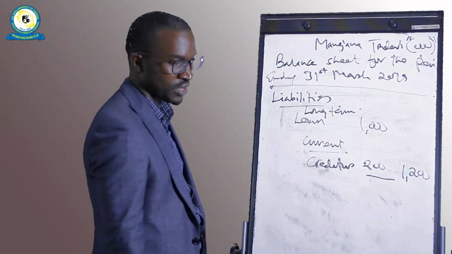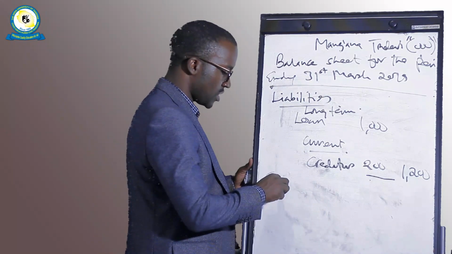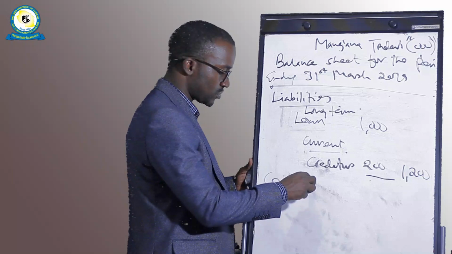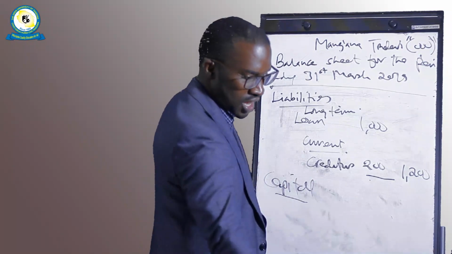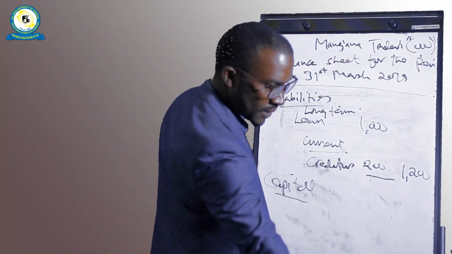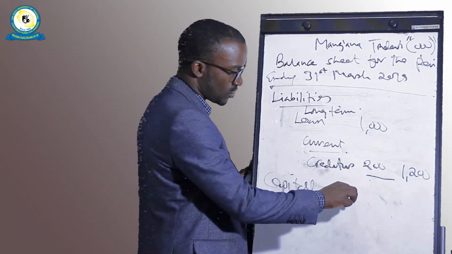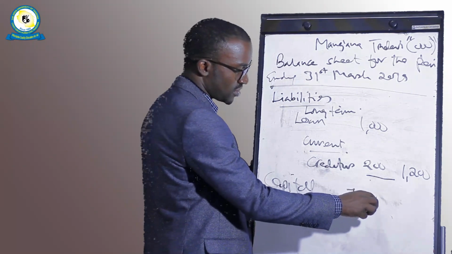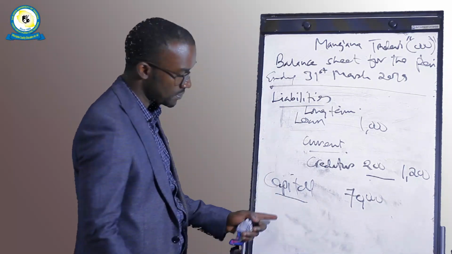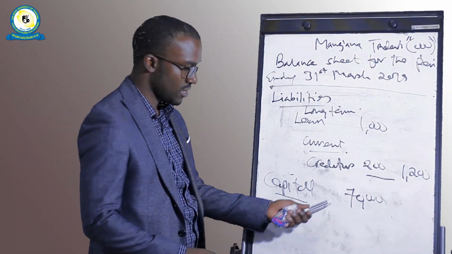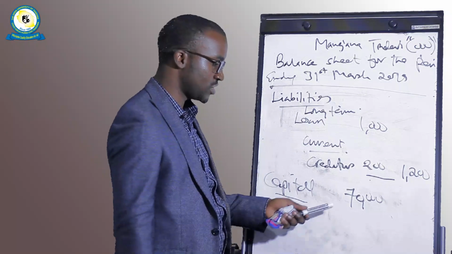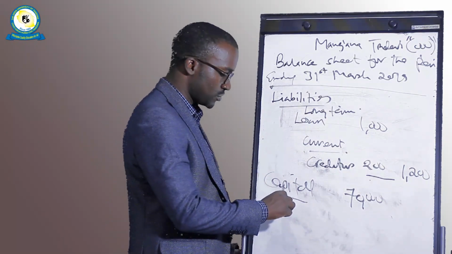Now from the total of the liabilities, you should finalize with your capital. How much capital are you having? From our figures, we have a capital of 70,000. You've seen from the trial balance that the initial capital in Mang'ana's trade is 70,000. Then to this capital, you add profit.